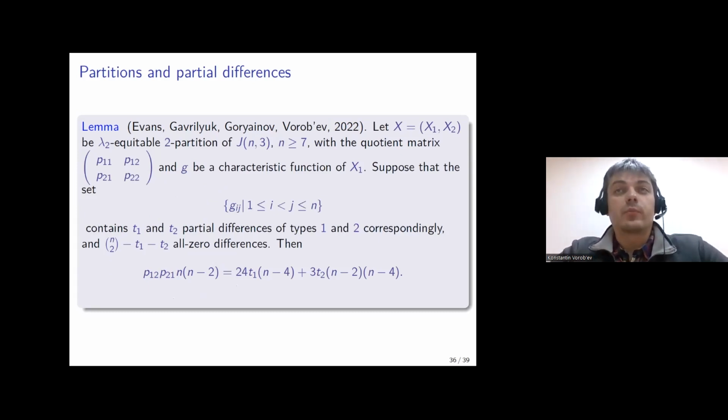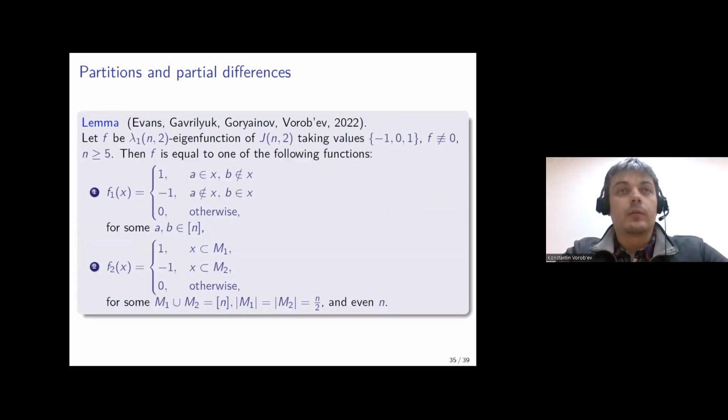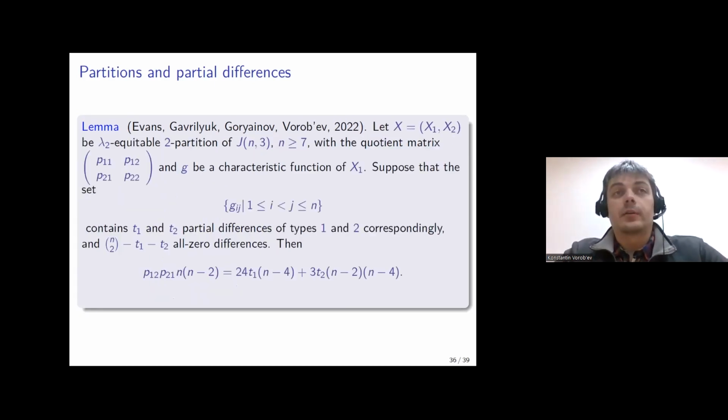Yes, and one more useful lemma. So now we know that our partial differences can be of two types, and also the third opportunity is when it is the all zero function.